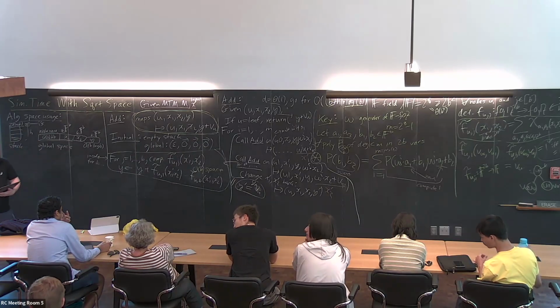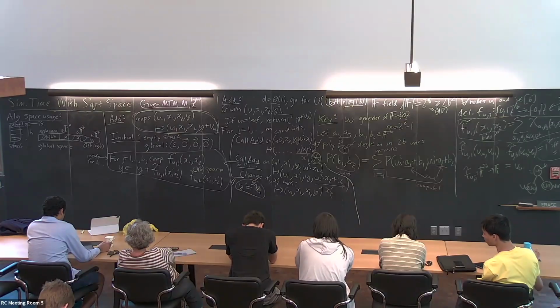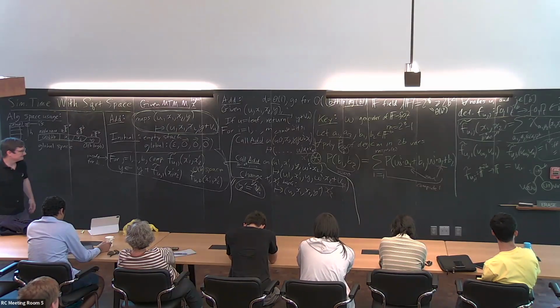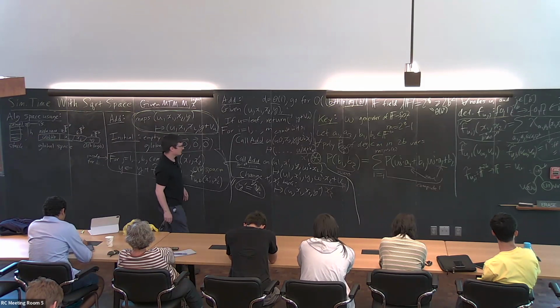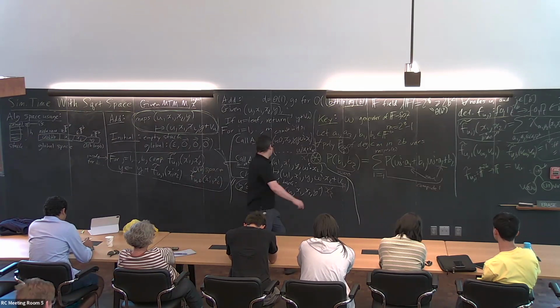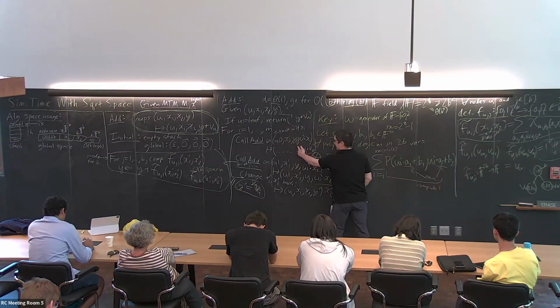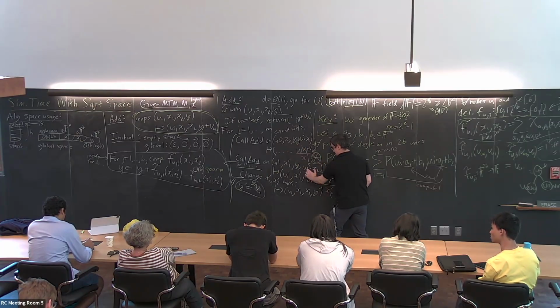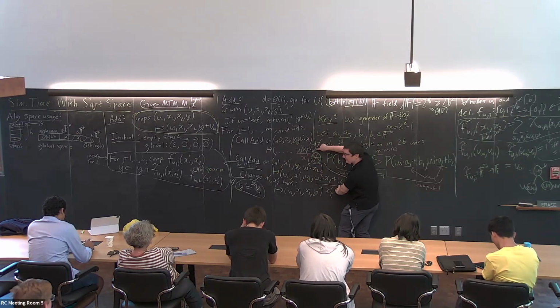So the change will undo, will run the second add to get X2 back, and then run the first add to get X1 back? Yes, exactly. It will rerun this add and this add again to erase these values. Okay.